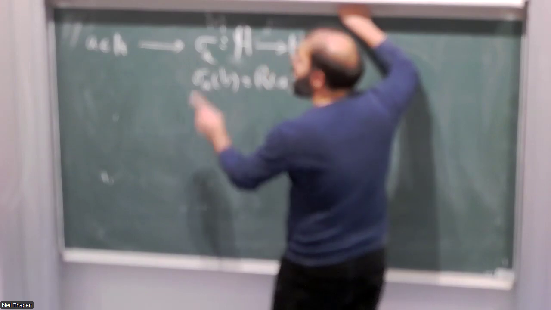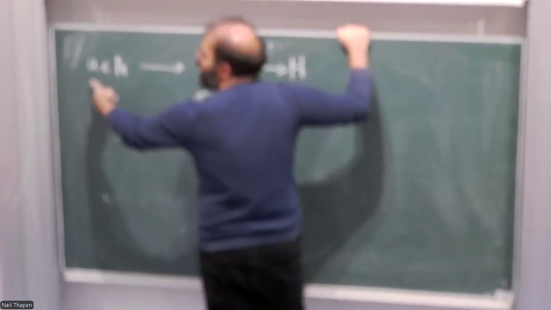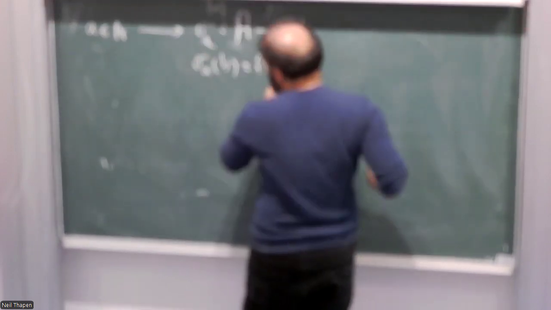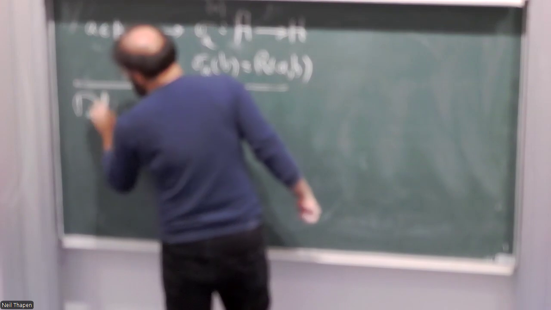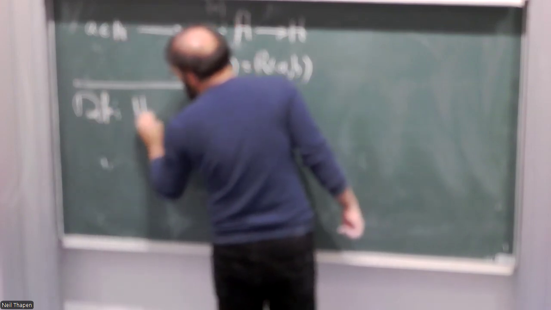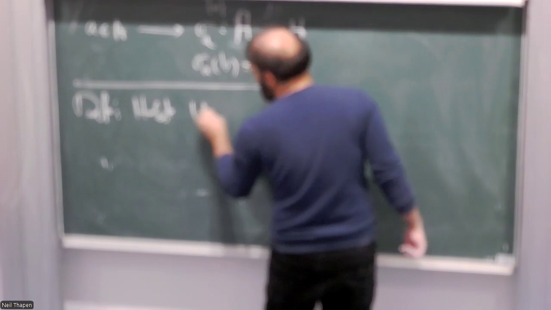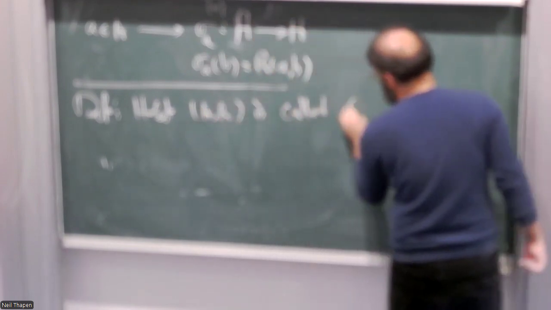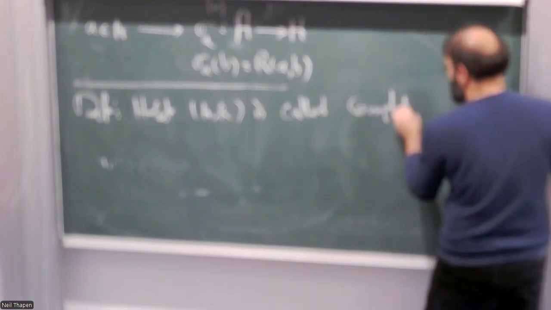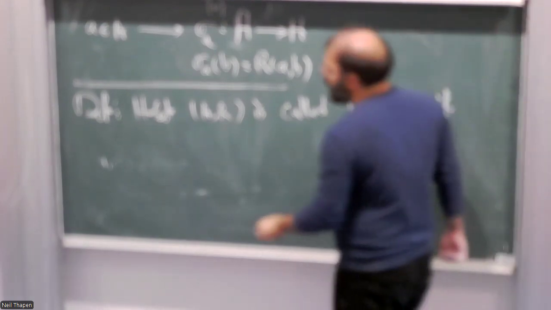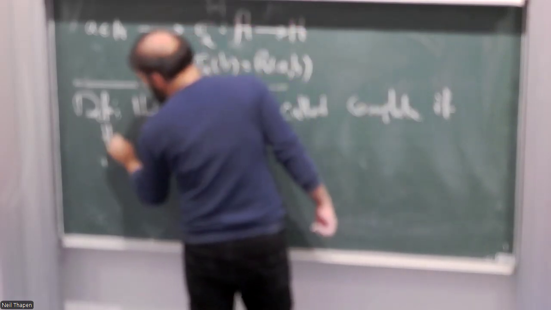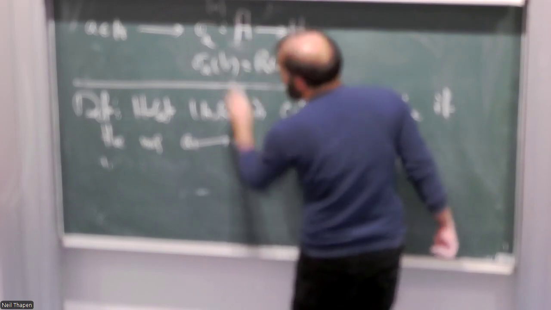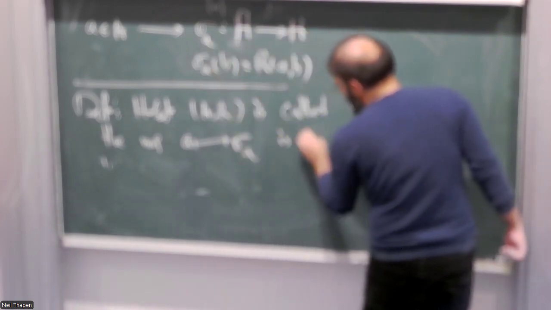But it is not true that all the singletons come from one A and from a unique A. So, definition: an H set AR is called complete if the map A to sigma A that we had above is a bijection.